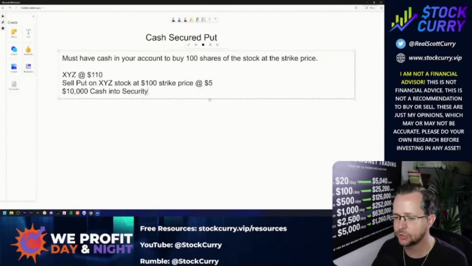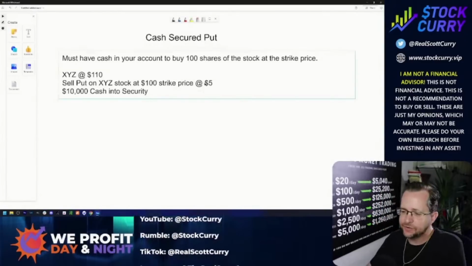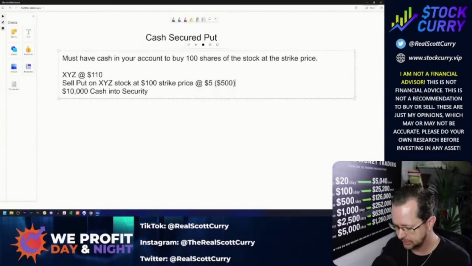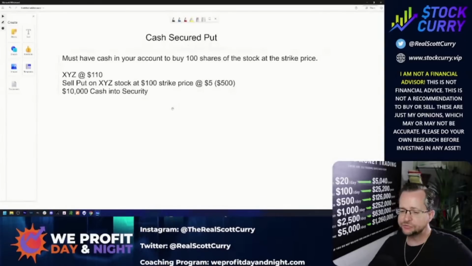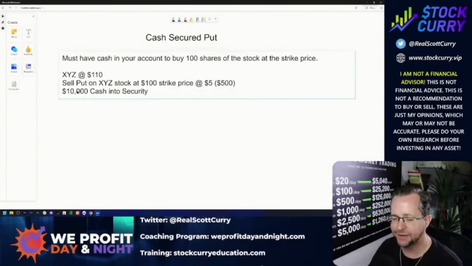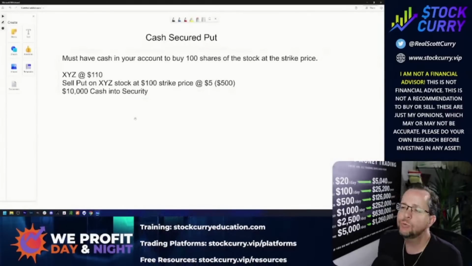We're just going to hold on to it for you. By the way, this is 100 shares, so it's really going to be $500. If I want to sell this put and collect $500, I'm going to have to give my broker $10,000.